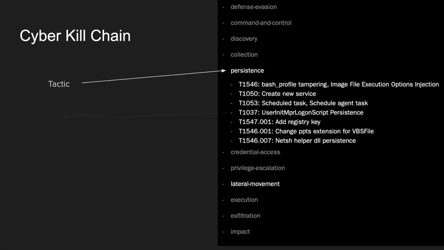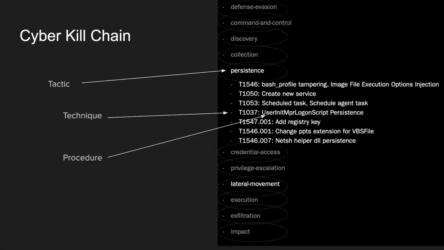Under persistence, you'll have techniques. A technique in this case, T1037. That's a technique under persistence. Now, the procedure is the actual implementation. So this is a specific persistence attack that you could do under T1037, which is under persistence. Now, you've got a number of tactics. Each tactic has a number of techniques. Each technique has a larger number of procedures.